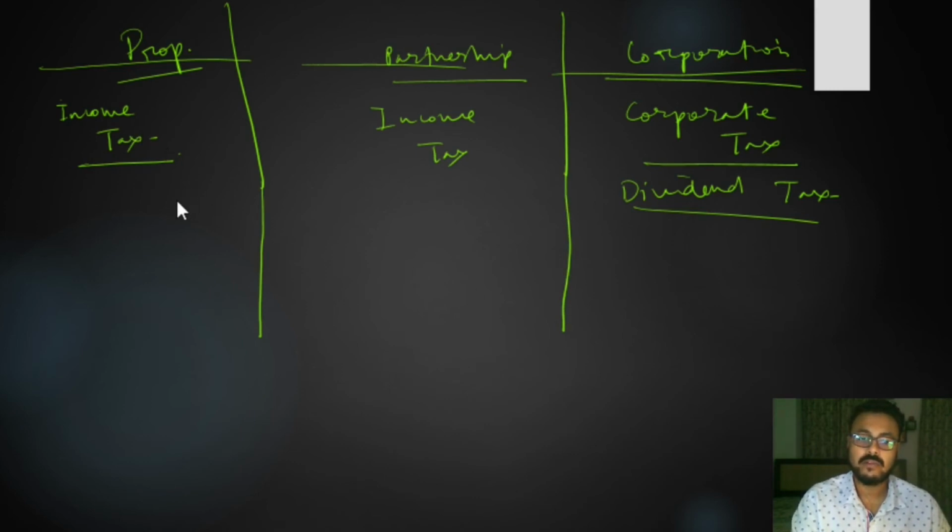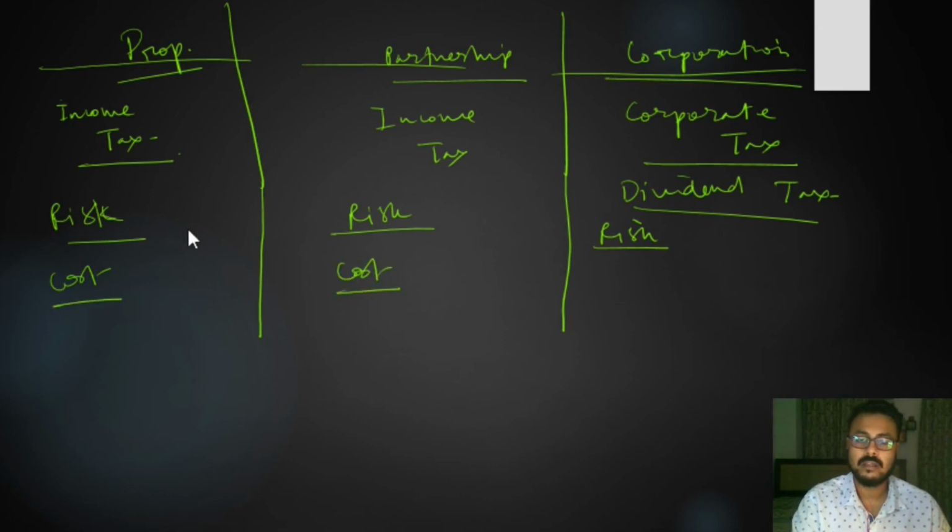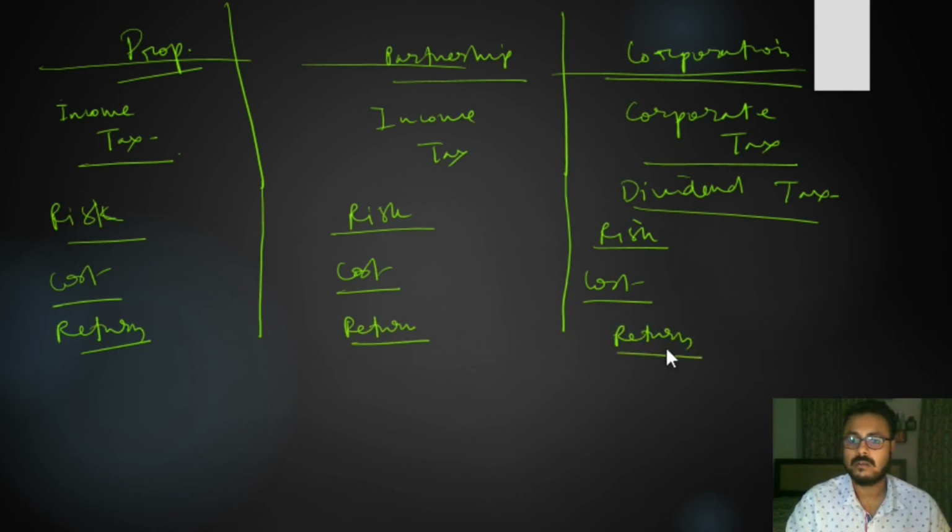Okay. Apart from this, we will also observe that, since we have already discussed risk is different, here also risk will be different, right? So when we see all these things, risk, cost is different. Okay, these all are the factors which affect the financial management decision.